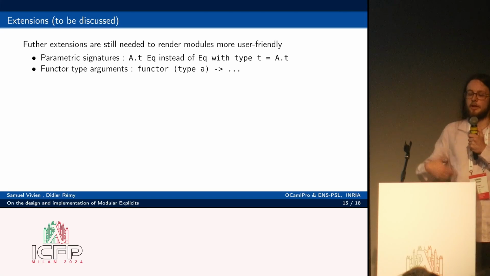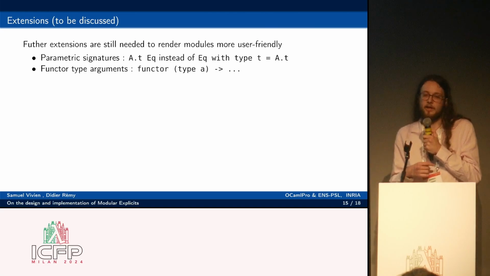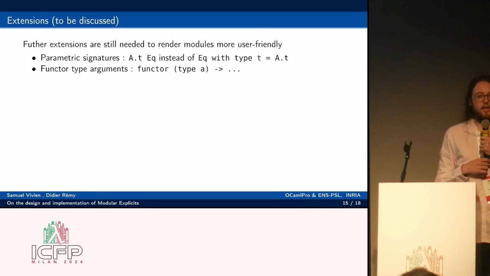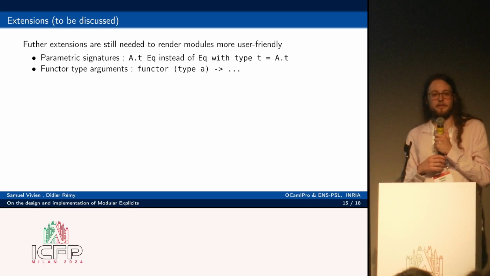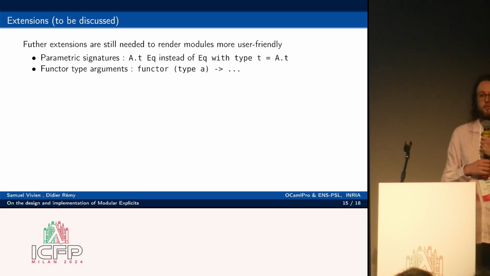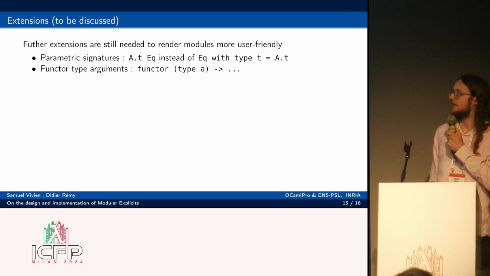It is quite lengthy to always say, oh, I'm defining a module that contains one field that is a type, and it could be useful to just give a type directly. And by using value restriction, we can also give a different semantic to this kind of functor compared to regular functors that take a module as argument.